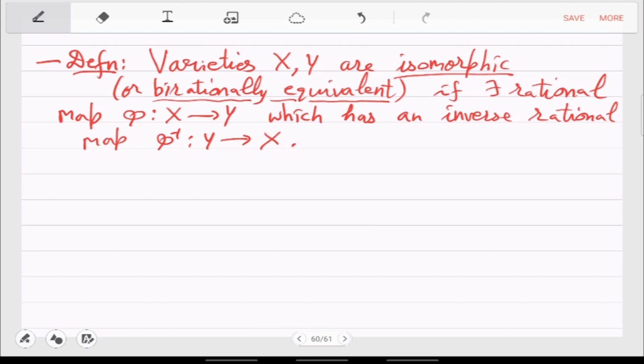So let's see an example which shows you why this was needed. Why did we not stop at morphism? So let's take the example we have been taking many times before, the zero set of x2 square minus x1 cube, and let's take X to be the affine line.